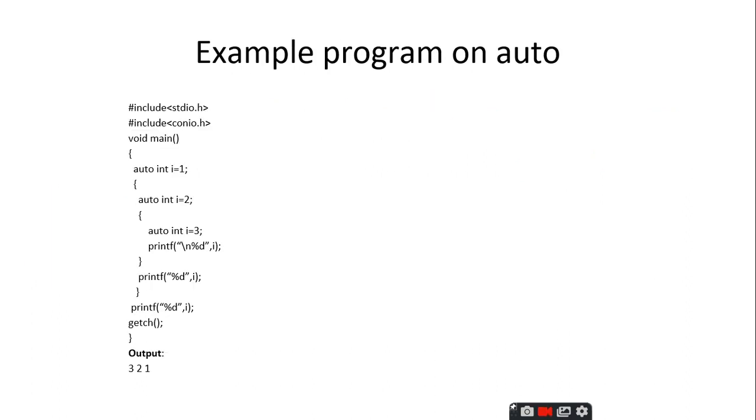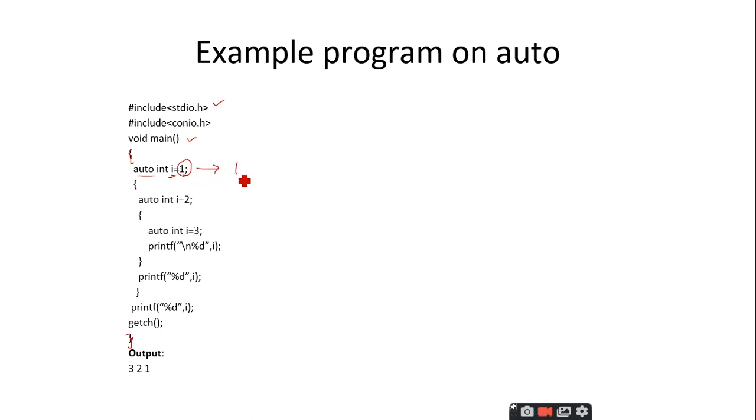Let us have a simple discussion here on a program. We know the preprocessor directive stdio.h and main, and here you can see this is one block, the main block. I am declaring an integer variable i, declared as an automatic variable, and I am initializing it to 1.